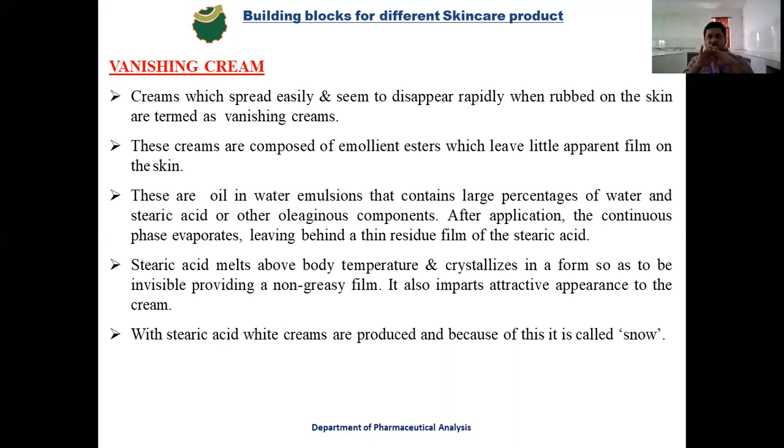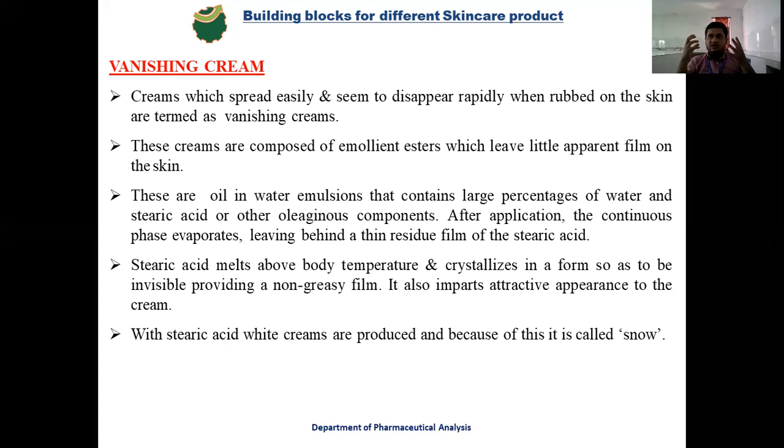Once you prepare the vanishing cream, it can form a cream because of the stearic acid. Now, once you apply it, definitely it will melt at body temperature, over body temperature once you rub it. But once the temperature decreases, it will form very small crystals, and it will give a very attractive appearance.